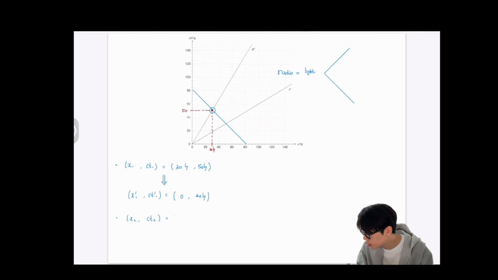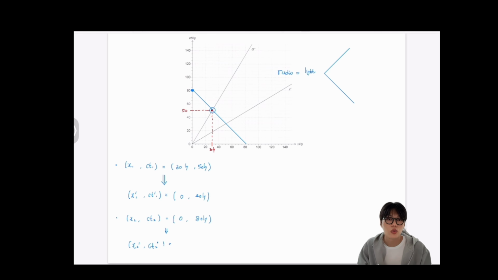It took about 80 years, so if you think about that line here, because we are thinking about the time, it took about 80 years. So that point is 0, 80 light years. But now let's think about when it goes to the moving frame, which is x2 prime and ct2 prime.